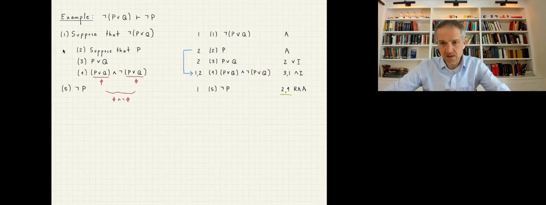Then the way we tabulate the dependencies on the left-hand side over here, what we do is we carry down the dependencies of the line of the contradiction, except we get to remove, if it occurs, the supposition.